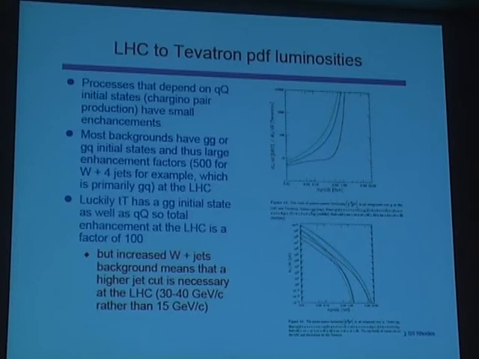But on the other hand, if I have a background that has a gluon-quark or gluon-gluon initial state, that's going to have an enhancement factor of 500 or even 1,000, depending upon the mass of the state that I want to produce. So a specific example: suppose that I look at t-tbar production at the LHC. It's mostly through gluons, with a little bit of a q-qbar component. At the Tevatron, it's reversed. It's mostly q-qbar with a little bit of a gluon component.